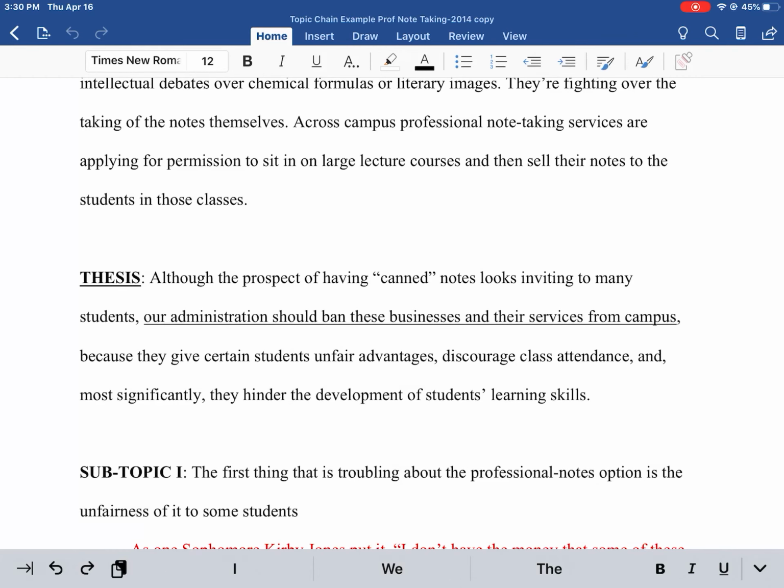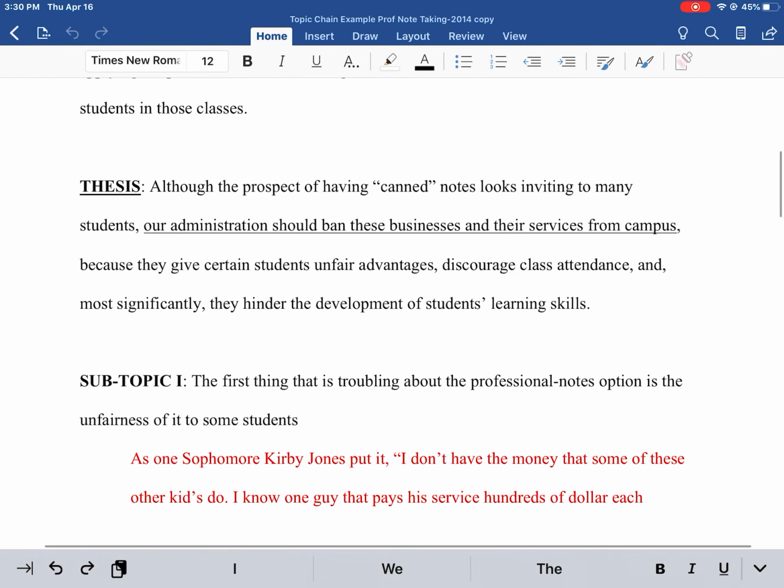Then the keyword because, and my reasons are going to be they give certain students unfair advantages, they discourage class attendance. Notice those are in parallel structure. And most significantly, they hinder the development of students' learning skills. That most significantly is a cute little thing to do to show my last reason is my most important.